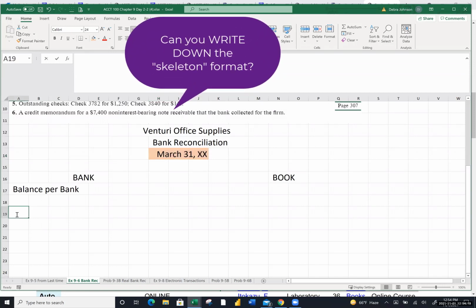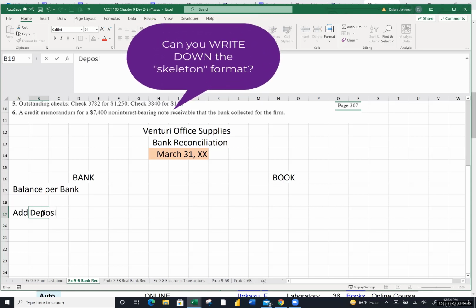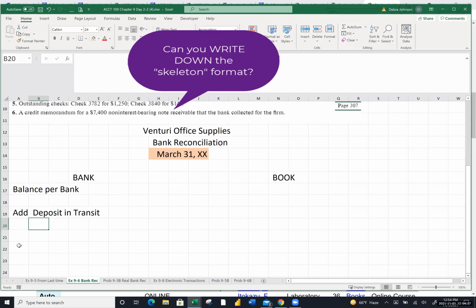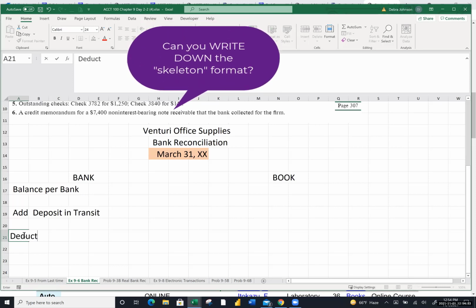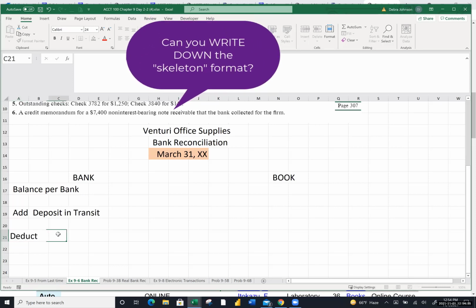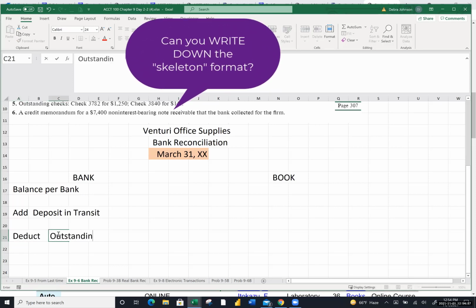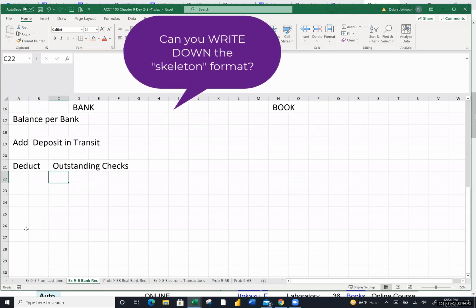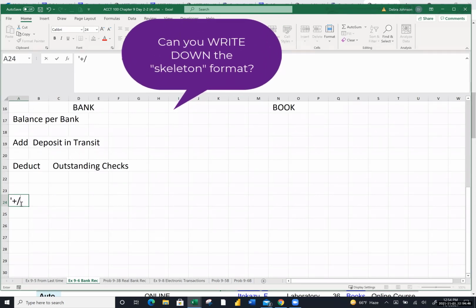And then on the bank side, I am highly likely to have two things, either a deposit in transit or outstanding checks, many times both. So I'm going to add in the deposit in transit. I'm going to deduct out any outstanding checks. And in case I have any bank errors, those would also go on the bank side.